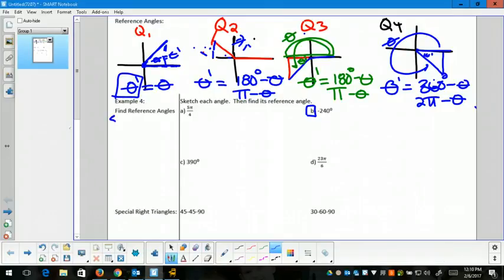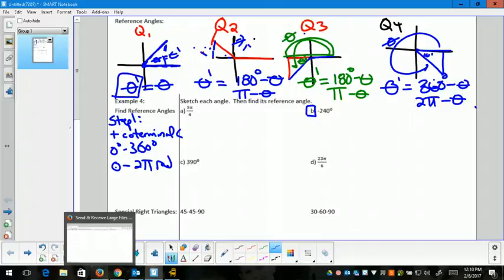So step 1 is to make sure that you have a positive coterminal angle between 0 degrees and 360 degrees, or between 0 radians and 2 pi radians. Because if you don't have that, then it makes it tougher. So we need to do that first, and then we can find our reference angle.